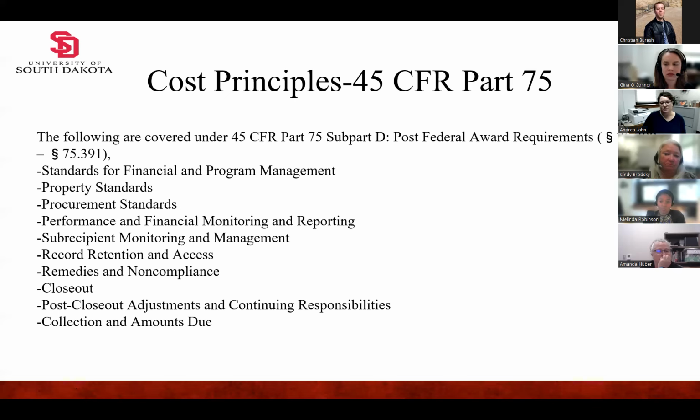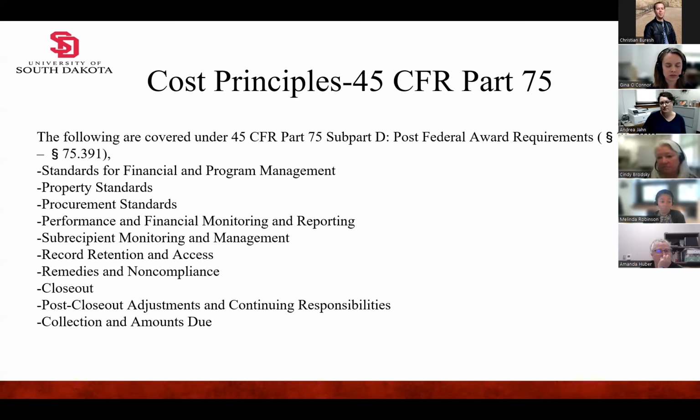Then, if there are issues, remedies and non-compliance, you can access that information there. Closeout of awards, post-closeout adjustments. It's important to know that they can come back after closeout of an award and have questions, and that it's important to have those documents accessible and on hand still.